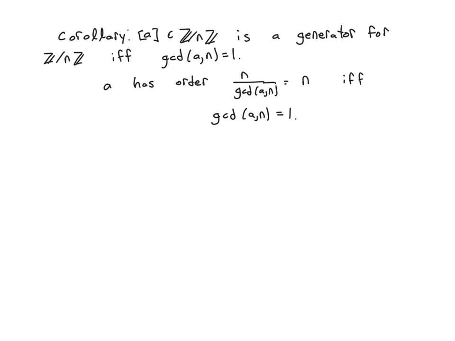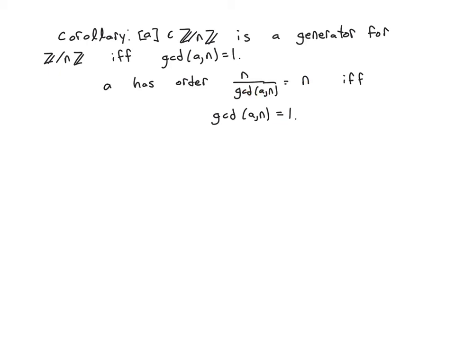And so a corollary of the previous results is that an equivalence class a in the group of congruence classes modulo n is a generator for the group of congruence classes modulo n if and only if a and n are relatively prime, which means they have no common factors. And a, in general, has order n over the GCD of a and n. The proof of that is that a has this order, according to the previous result. And the only way that order is equal to n is if that GCD on the bottom is 1.